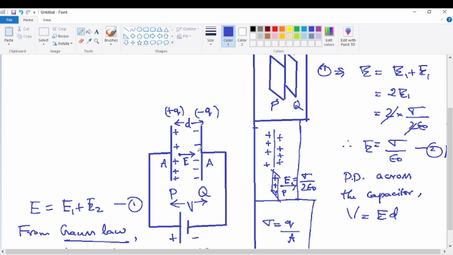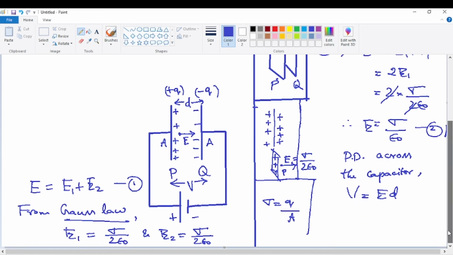Then the potential difference between these two plates is nothing but potential difference between these 2 points very close to the two plates. That potential difference in the uniform electric field is given by electric field into distance between the 2 points. Distance between these 2 points very close to the two plates is nothing but distance between the plates itself. So this formula now can be used.